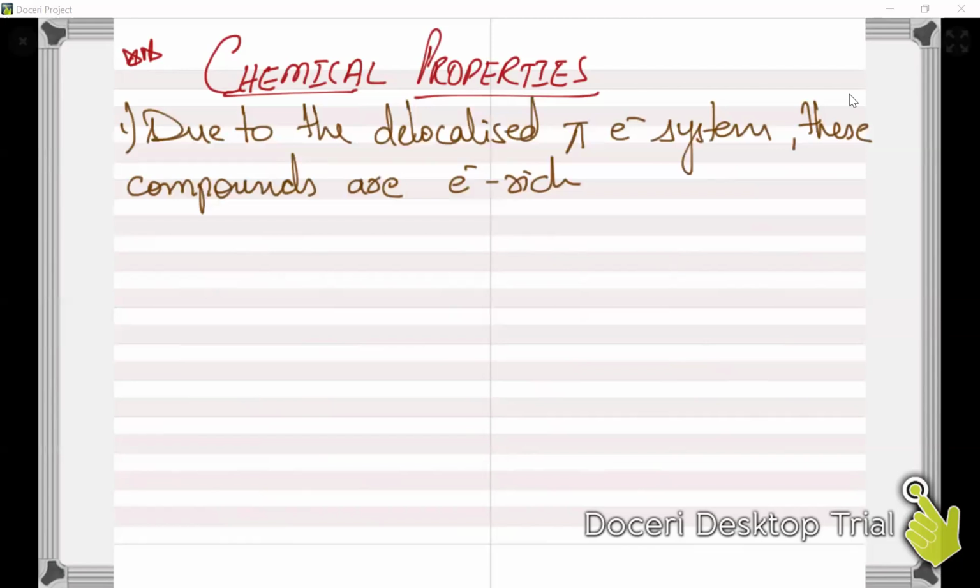So if they are electron rich, then what kind of attack do they undergo in organic reactions? If you are good in AS chemistry, you should know whether electrophiles are going to attack the compounds, or maybe they will be nucleophiles. Now, what are electrophiles? Electrophiles are the electron deficient ones, the ones which get the positive charge, and nucleophiles are the electron rich ones which get the negative charge.